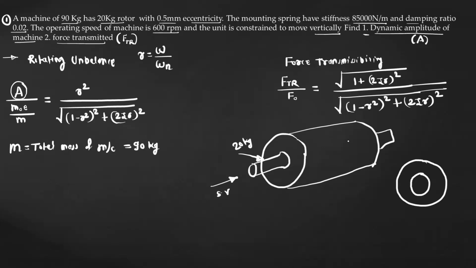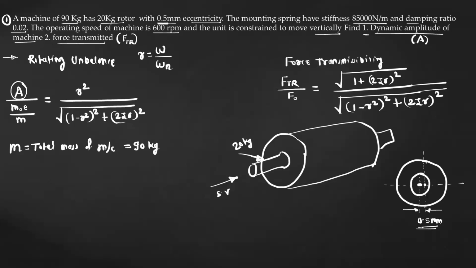So during the assembly, if this rotor is not properly assembled, and if the center of gravity is slightly shifted from the geometrical center, that is from this point, then it will have some eccentricity. So this eccentricity is given, that is 0.5 millimeter. Okay. So this is a very small distance with respect to the actual geometrical center.